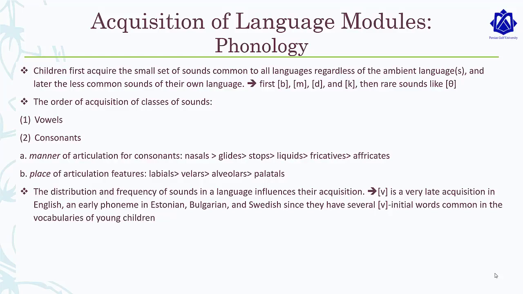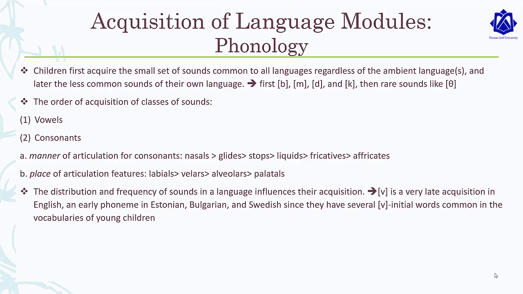Then glides, ye, we. They are very similar to vowels. They are approximants. Then stops, like p, b, t, d, k, g. Then liquids like r, and you might have heard that children up to year 3, they have not yet learned liquids, and they could not produce liquids accurately.